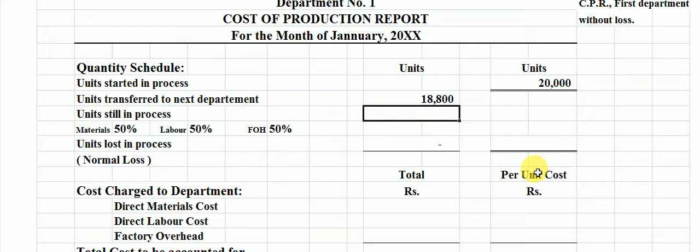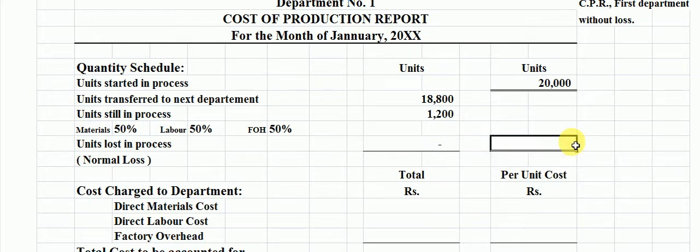Now units in process are 1,200. The degree of completion of units in process is half: 50% material, 50% labor and 50% FOH. Units lost in process are not given because in this problem there is no loss.